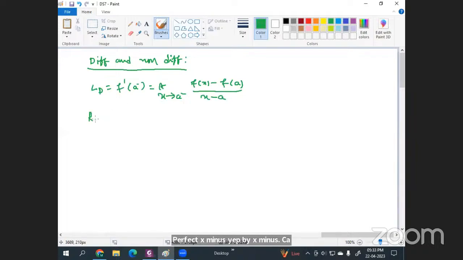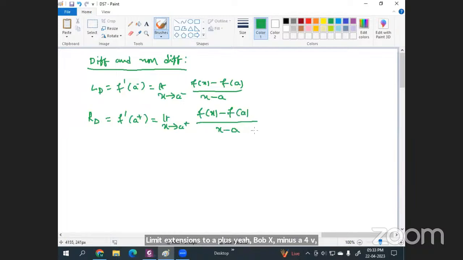Right hand derivative, f dash of a plus, equals limit x tends to a plus of f of x minus f of a by x minus a.